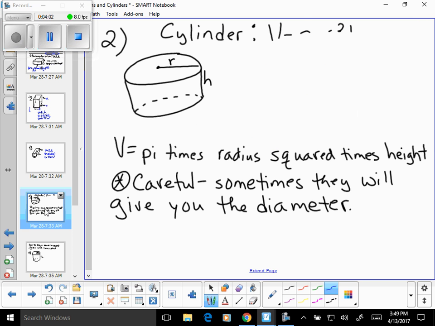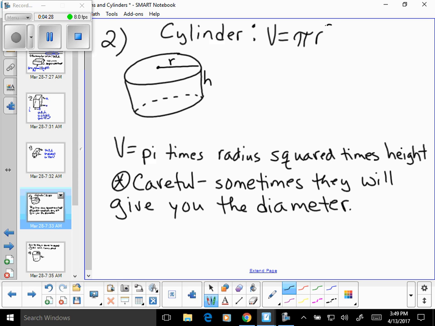Now we're going to be moving on to cylinders, and it looks like the formula got erased here. I'll erase it all the way and start over. The volume of a cylinder is going to be based on the fact that you have 2 circles as your bases. Now remember when I said with the rectangular prisms that it's the area of the base.